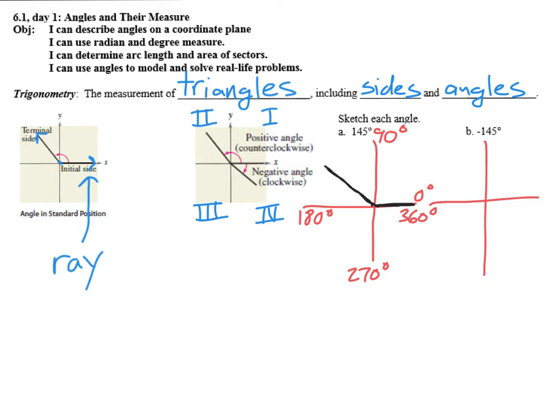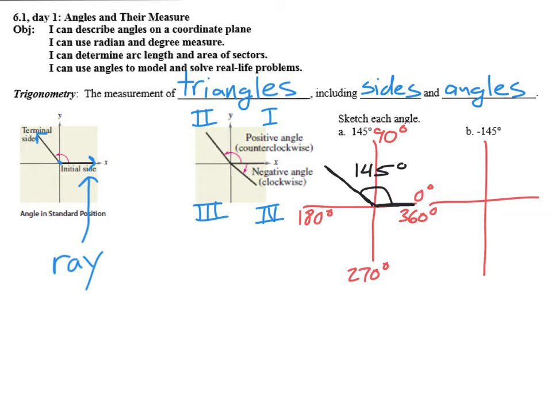There's my terminal side, and then I just mark 145 degrees. So if you were drawing that yourself, I'm not going to be super picky with the scale because it's just a sketch, but for sure I should see that you're marking your terminal side over in quadrant number 2, okay?